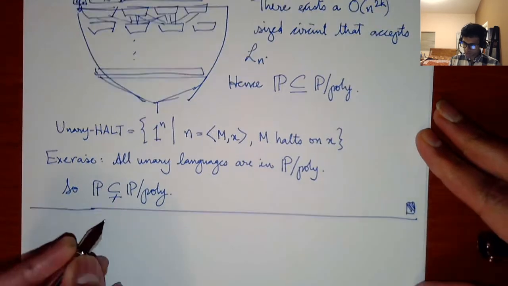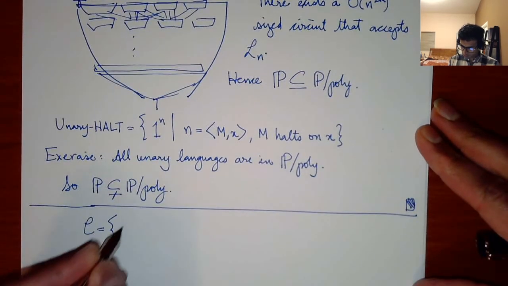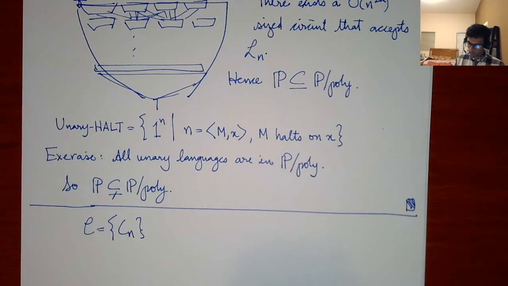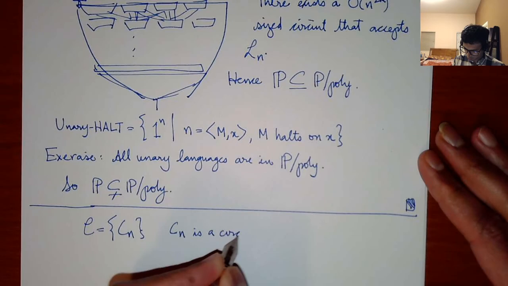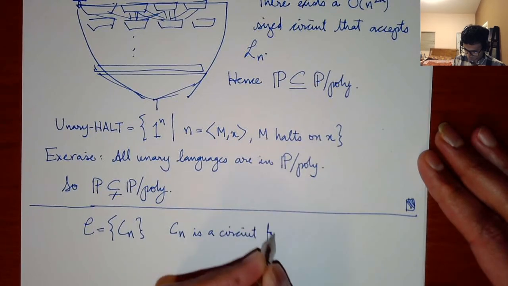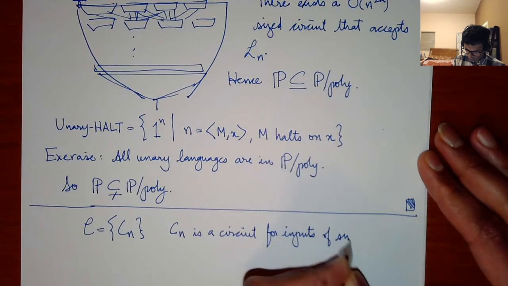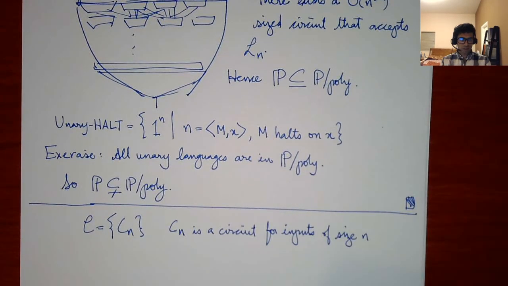So what is a circuit family? A circuit family is something of this form, where C of n is a circuit for inputs of size n. And as we discussed in the previous lecture, every language has a circuit family that computes it. Every language.